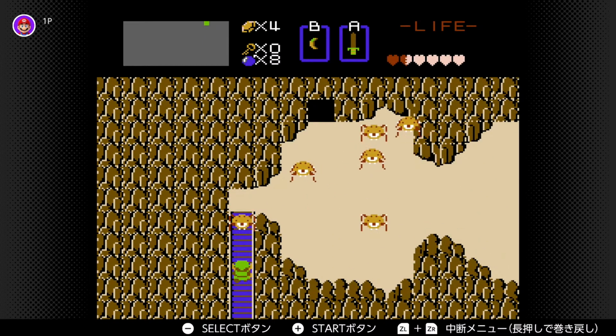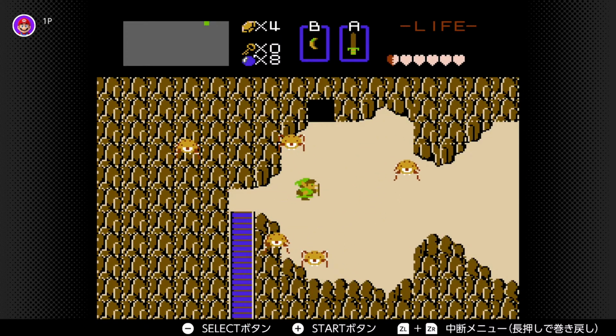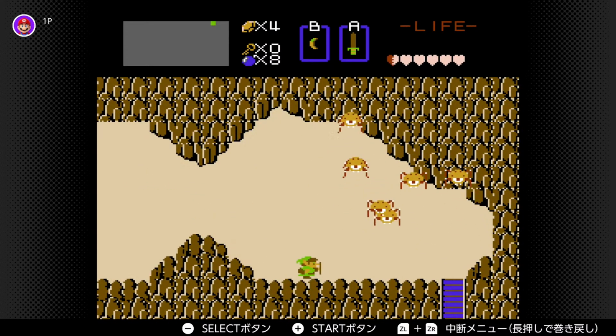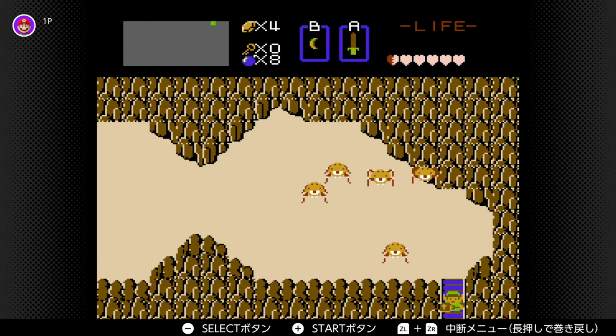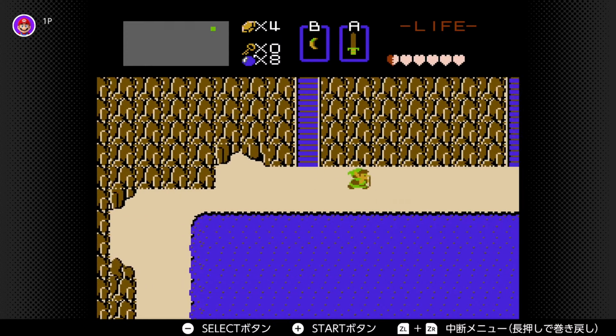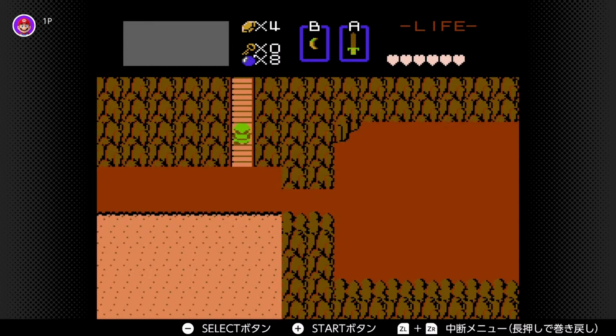Here. Oh boy, let's avoid the Tektites. Please. That's the shop we need. Okay, not this way. Maybe down here. Up here.